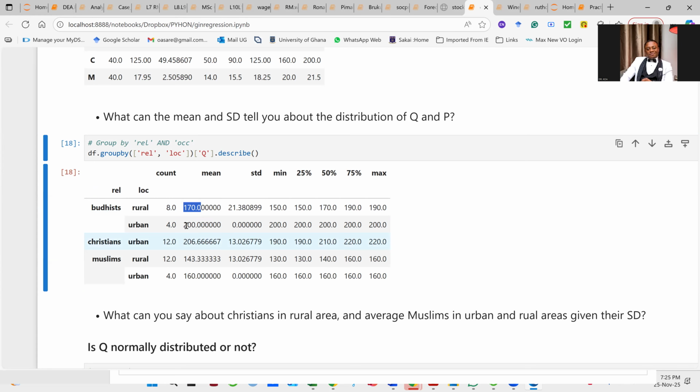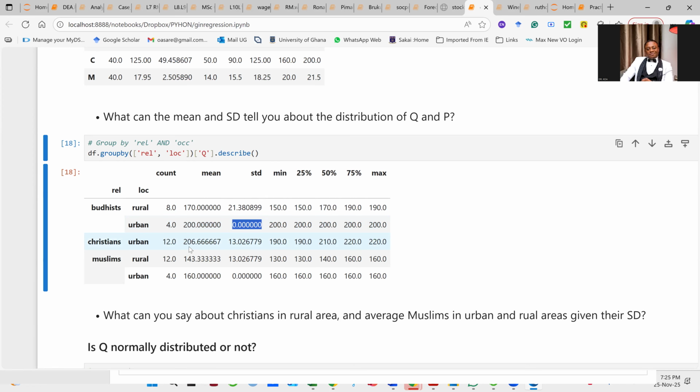Now, in the urban sector, you can clearly see that they are all perfect. They are 4, and they are all almost having the same data. If you go and check the data set, that's why the standard deviation is 0. It's perfect.